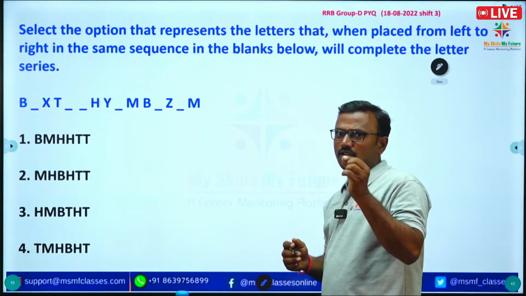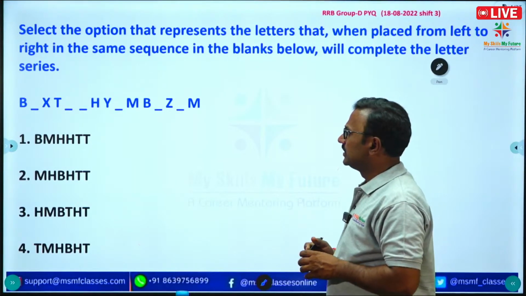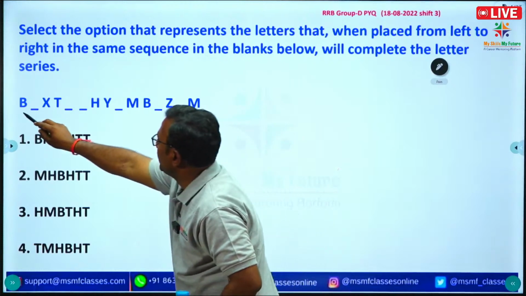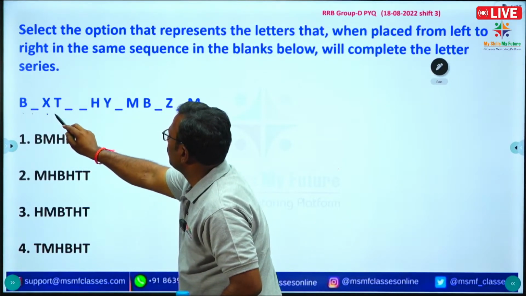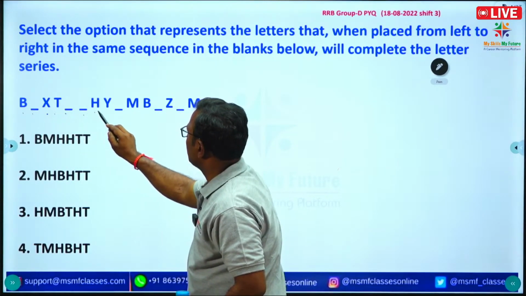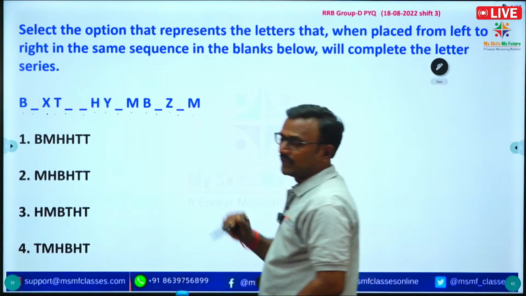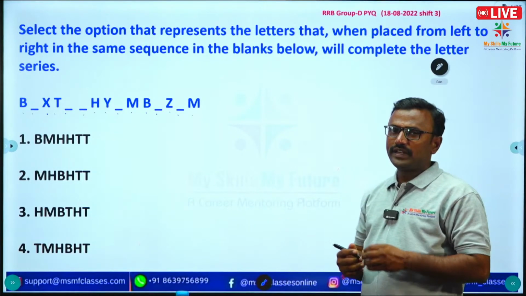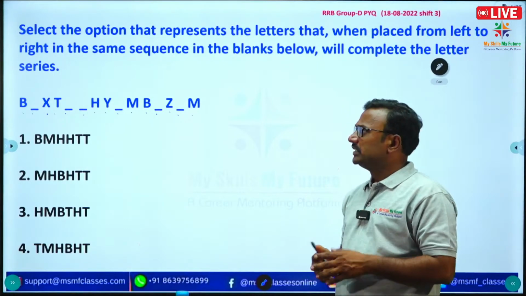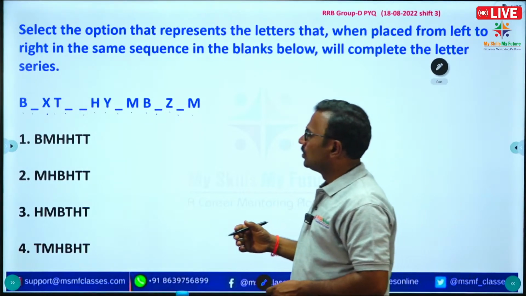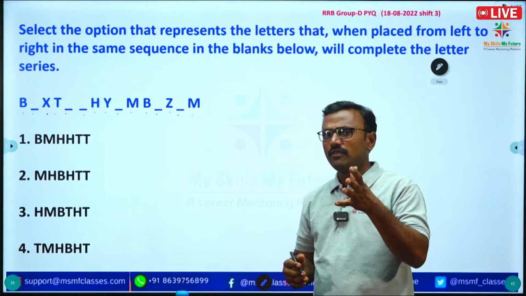First of all, count how many letters are there. 1, 2, 3, 4, 5, 6, 7, 8, 9, 10, 11, 12, 13, 14, 15. So 15 can be divided into 3 parts, each part consisting of 5.